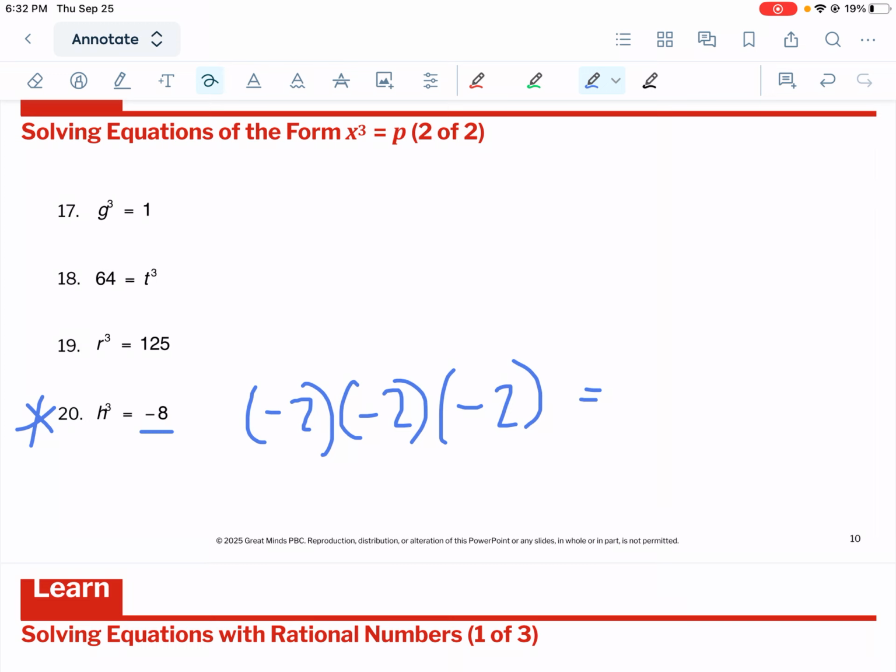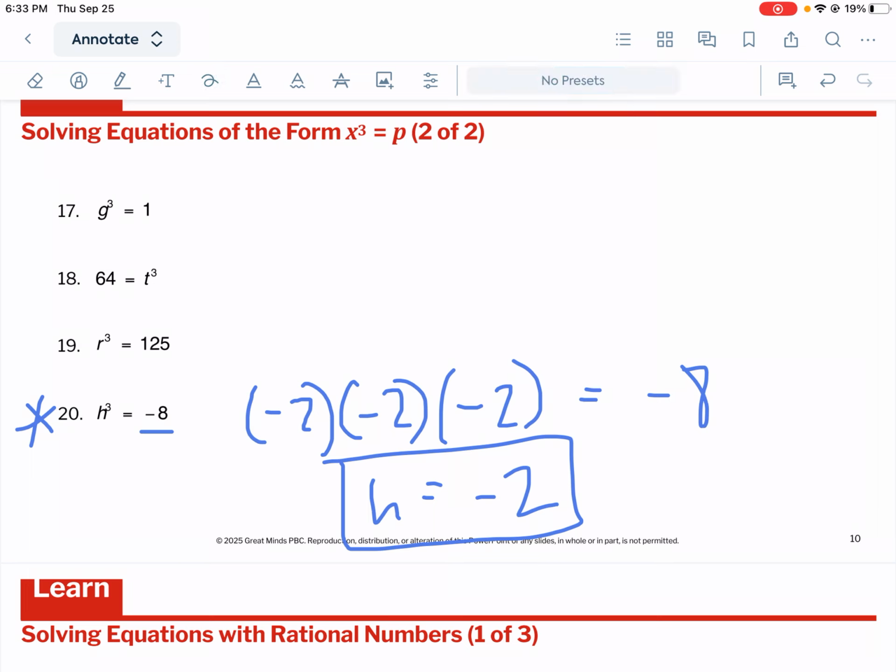If I multiply by that third negative 2 one more time, that will give me negative 8. So h, in this case, is negative 2. That's how you do that. Anytime you have a negative perfect cube value, your variable value will be negative as well.